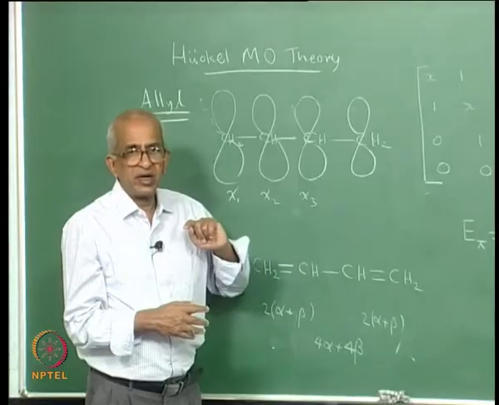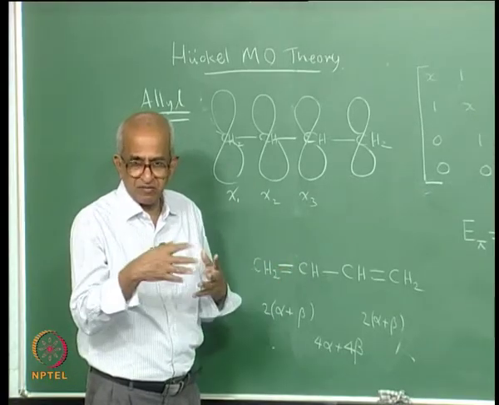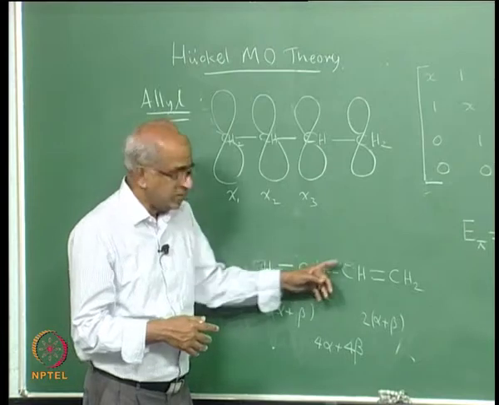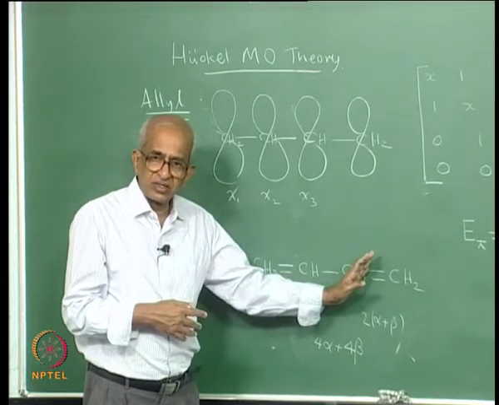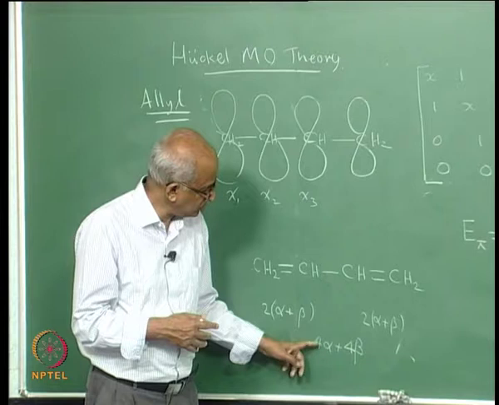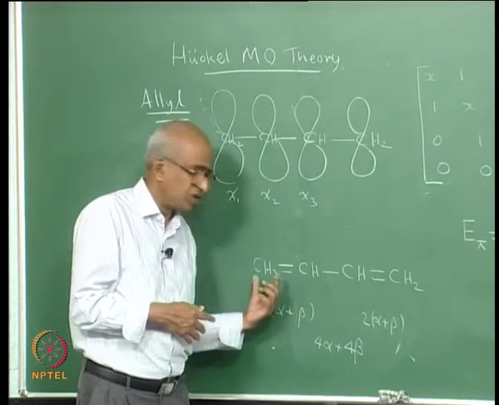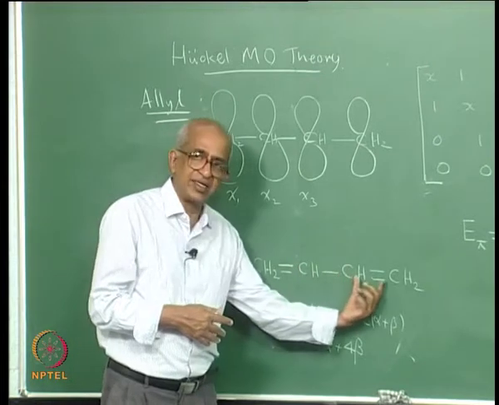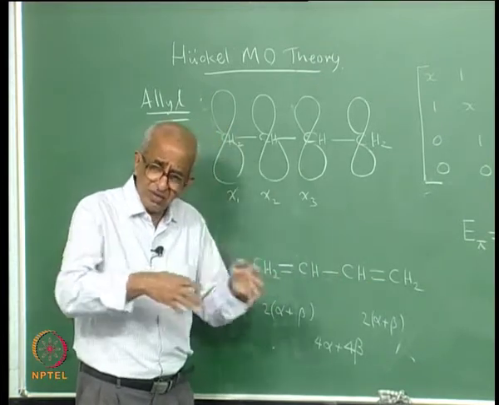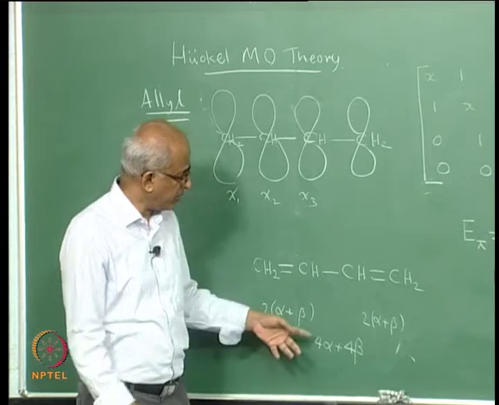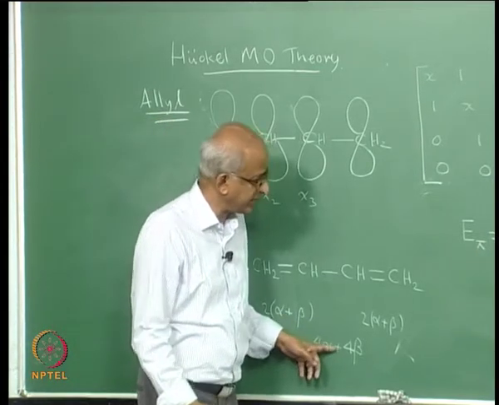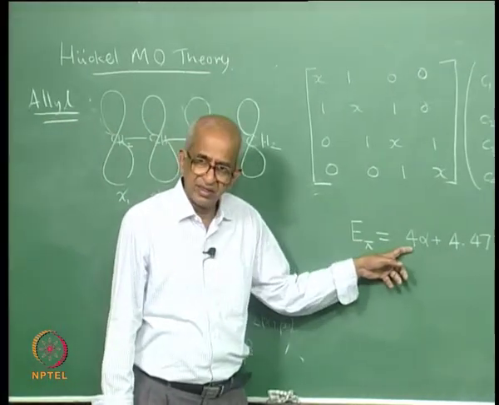We will look at the shapes of the molecular orbitals in a few seconds. You will see that the molecular orbitals are delocalized, and therefore, this is the energy if they were localized, right. The bonds were localized between these atoms and those atoms, but because the molecular orbitals are delocalized, the energy has changed from here to there.